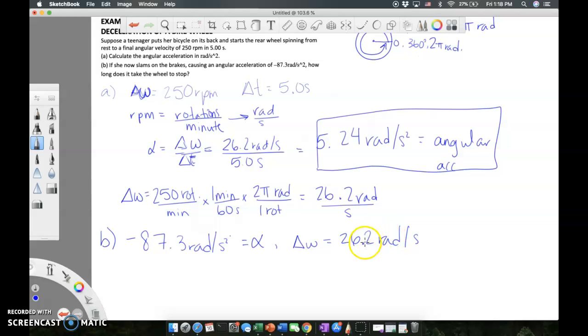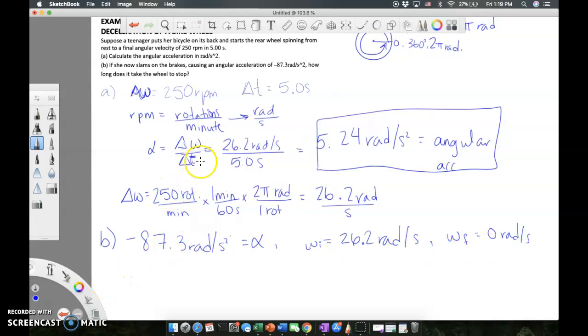We want to know how long it takes for her to stop. So we're now going from this omega to 0. This is the initial velocity, and my final velocity is 0.